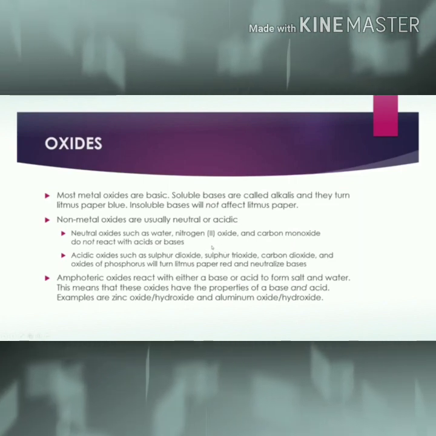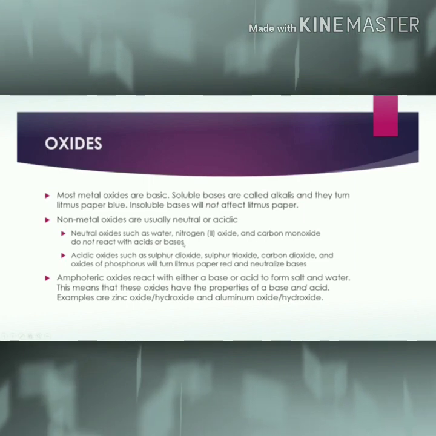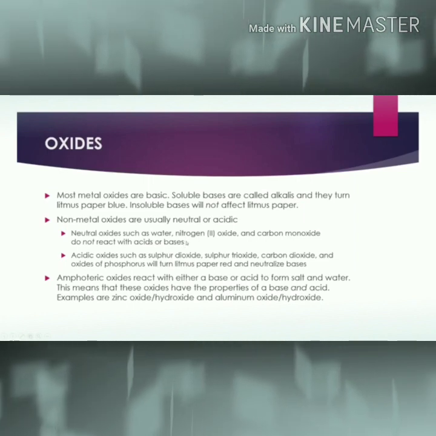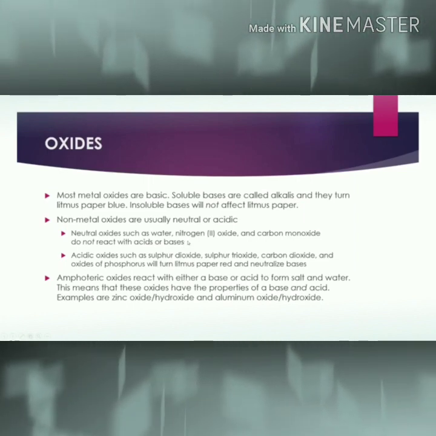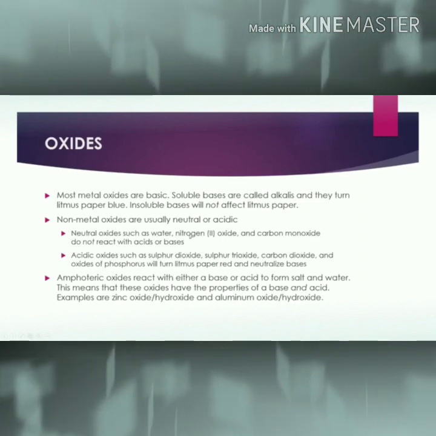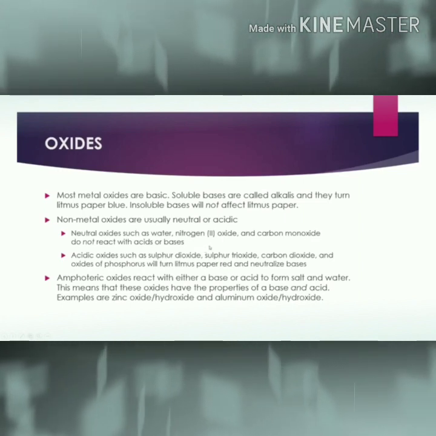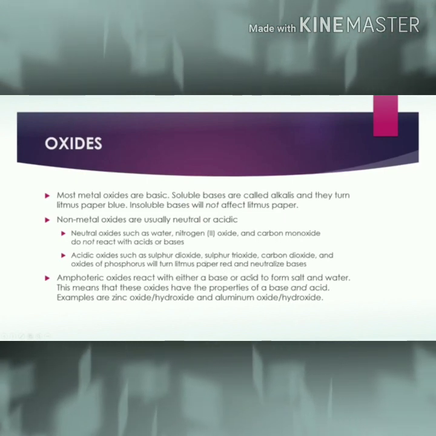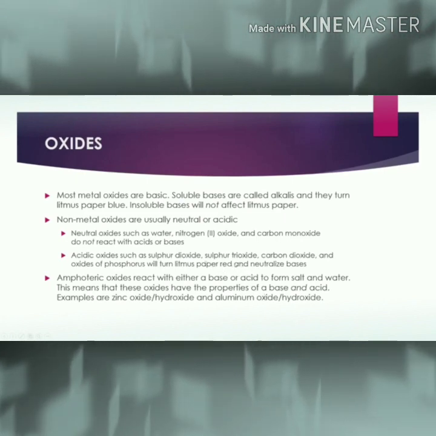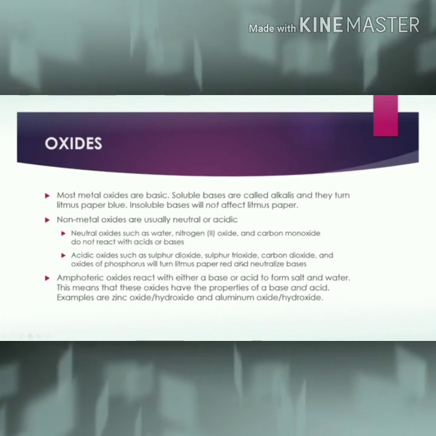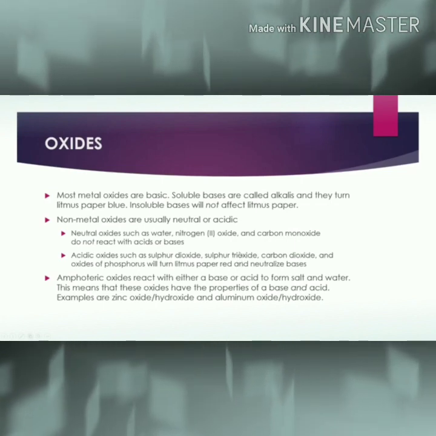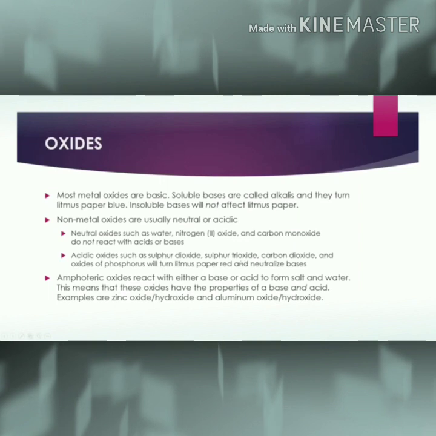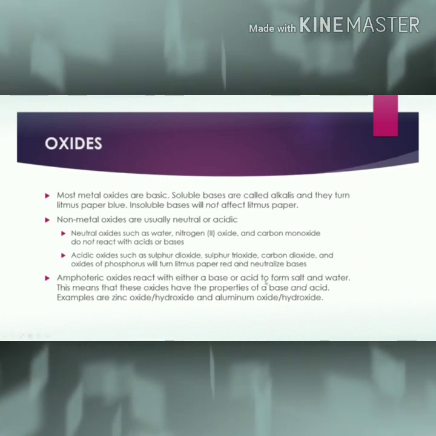Neutral oxides such as water, nitrogen oxide and carbon monoxide do not react with acid or base. And acidic oxides, like sulfur dioxide, sulfur trioxide, carbon dioxide and other oxides like phosphorus oxide, will turn the litmus paper red and neutralize the bases.